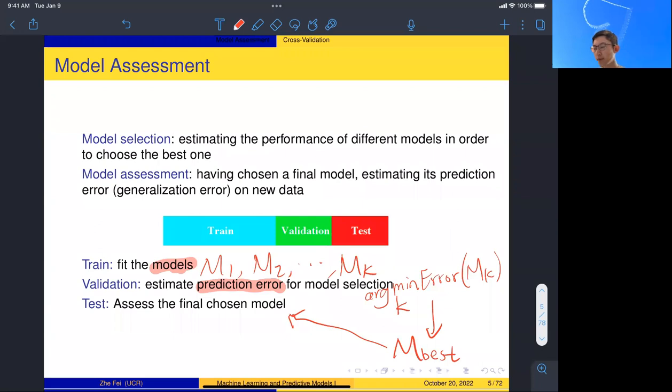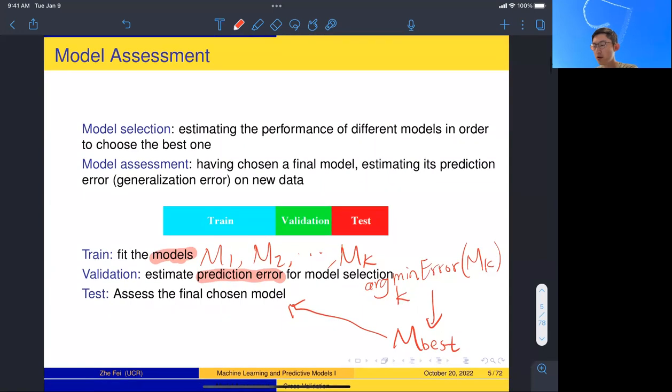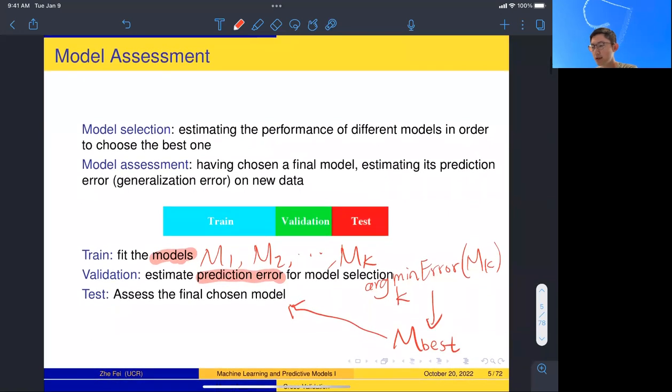This is the regular procedure that people with rigorous statistical training want to carry out in order to reach unbiased analysis.